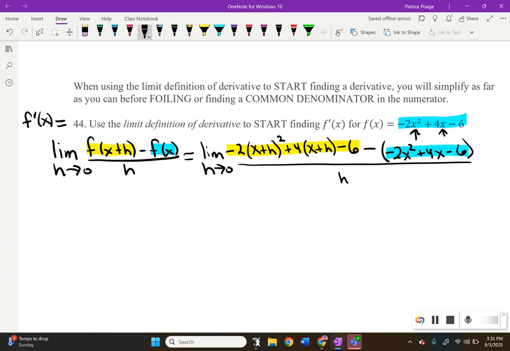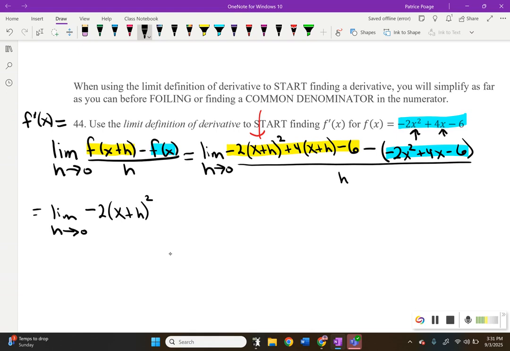So I'm going to keep going and simplify a little bit. It's important to keep writing the limit as h goes to 0 until you actually plug in 0. The first part would require me to FOIL, so I'm not going to do that. I'll just rewrite it: negative 2 times x plus h squared.